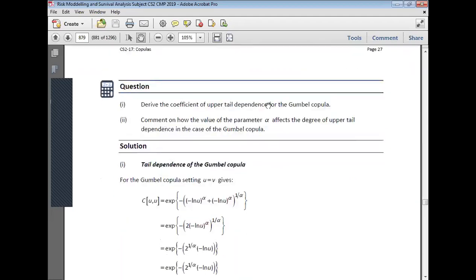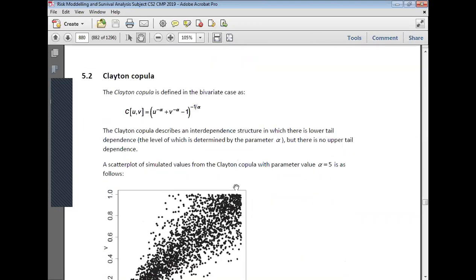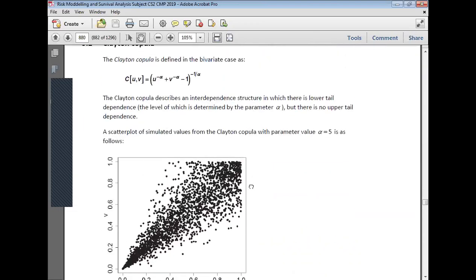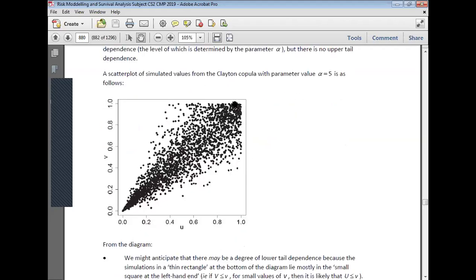And then there is another kind of copula. We'll have a look at the derivations as well, about how you derive these formulas, but I'm just going to show you the graphs first. If you're looking at the Clayton copula, this is very much evident here, right? If you're looking at lower tail dependency, the Clayton copula is what you've got to use.